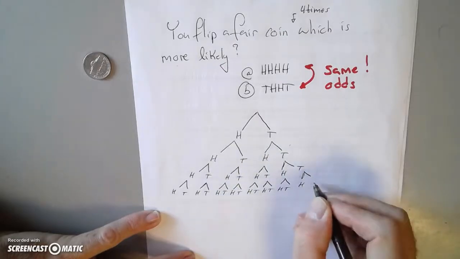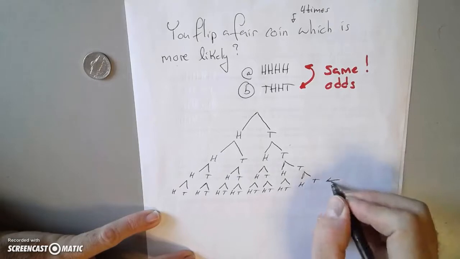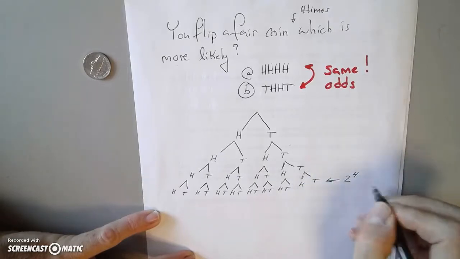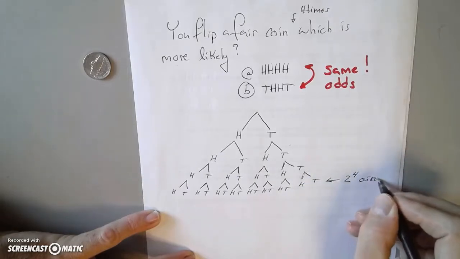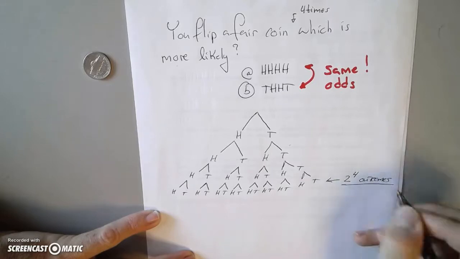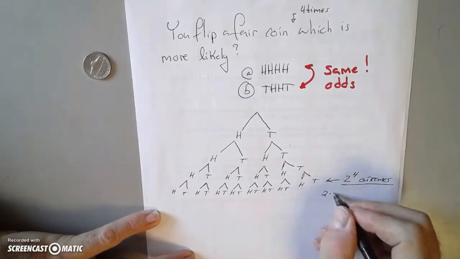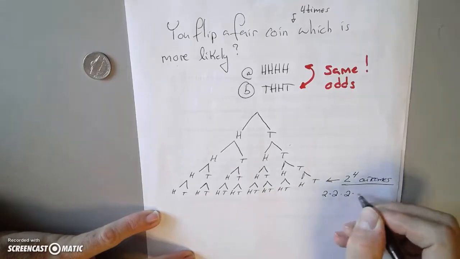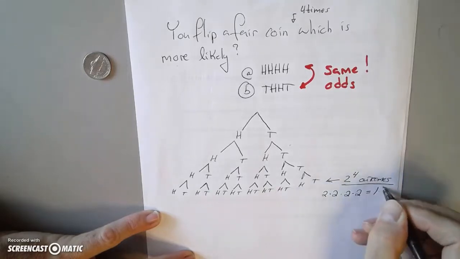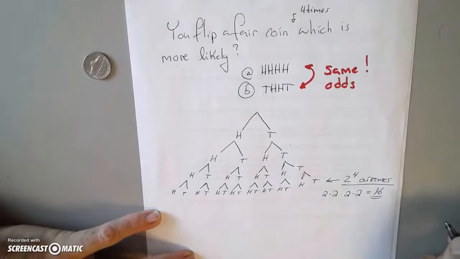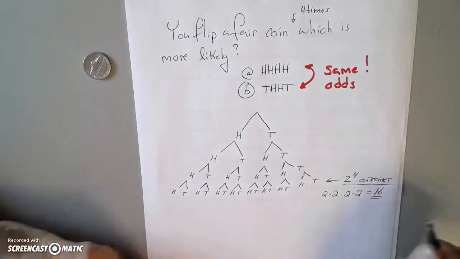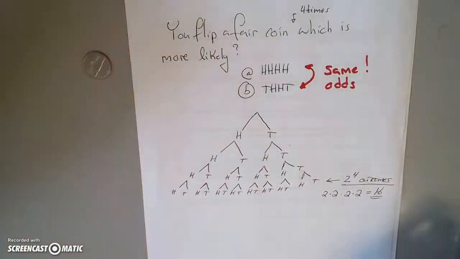This is not a very efficient way of doing this. So there are 2 to the 4 outcomes. And that's 2 times 2 times 2 times 2 is 16. So the size of our sample space is 16. There are 16 things.